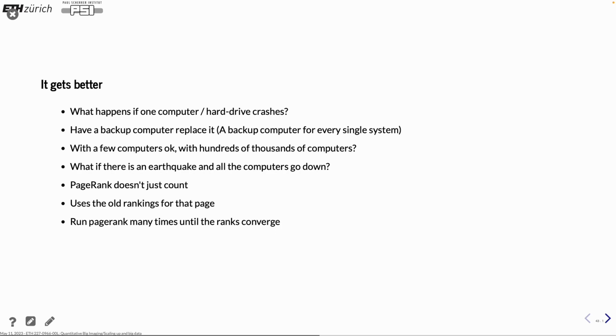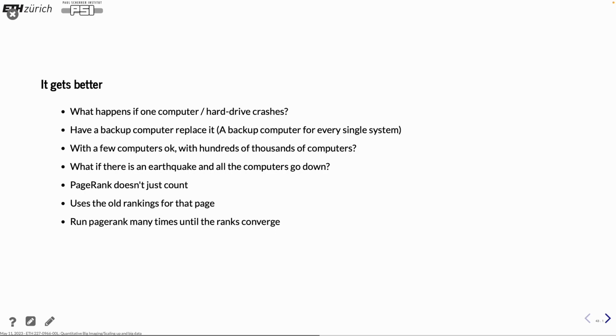Of course, you can always have a backup computer running to replace it. You can also have, and that works actually for a small system, but if you have hundreds and thousands of computers, I mean, these computer centers, they have really many, many computers.